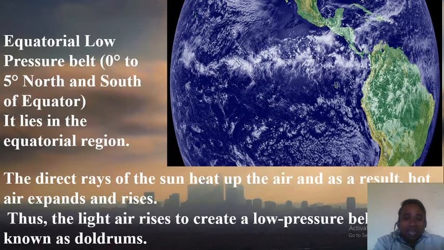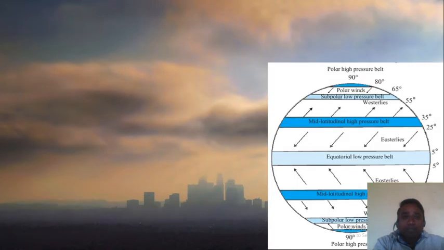Thus the light air rises to create a low pressure belt, also known as doldrum. So the first pressure belt, which lies across the equator, is the low pressure belt, which is also called doldrum.